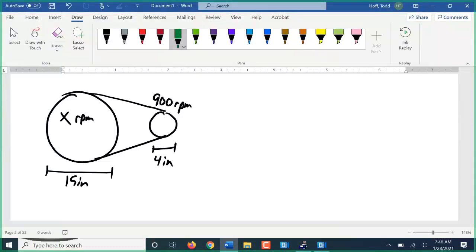So this is going to be, again, larger pulley turns slower because it turns one turn, the other one has to turn multiple turns to keep up with it. So larger pulley, lower RPM, that's an inverse relationship. So it's going to be that constant product.